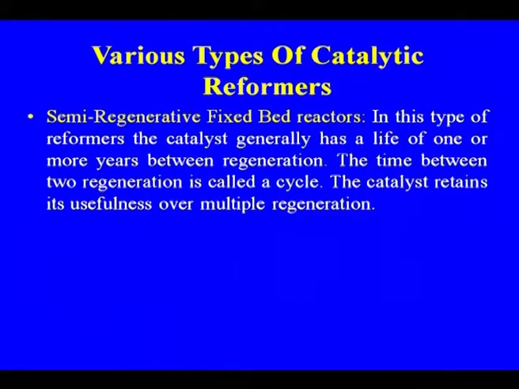Semi-regenerative fixed bed reactor. In this type of the reformer, the catalyst generally has a life of 1 or more years between regenerations. The time between two regenerations is called a cycle of the reactor, and the catalyst retains its usefulness over multiple regenerations, but there is definitely some loss during the regeneration process.